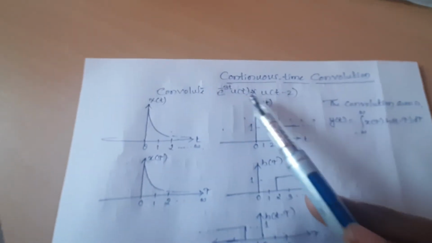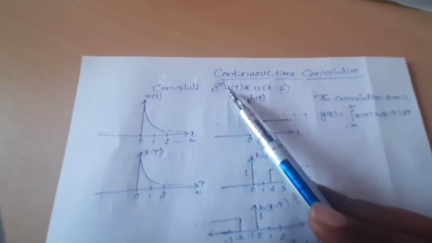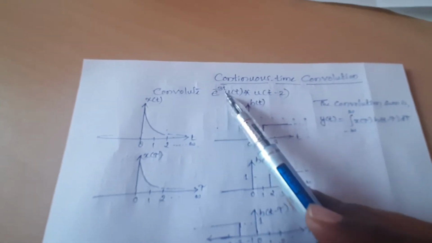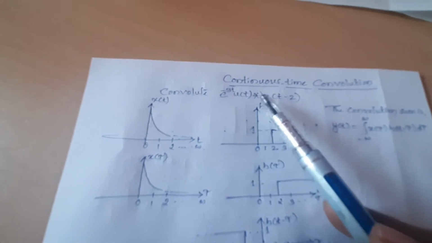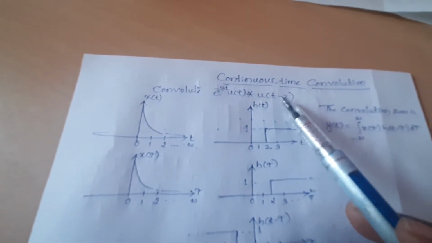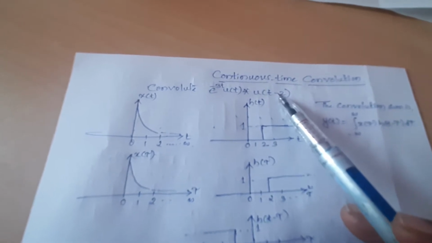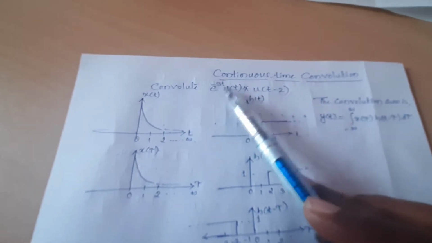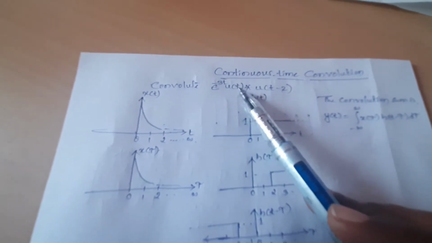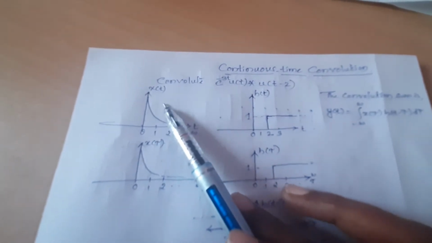Usually the complex or exponential signal is considered to be x of t, and the usual step or simple signal is considered to be h of t. So let's take e raised to minus 3t into u of t as our x of t.